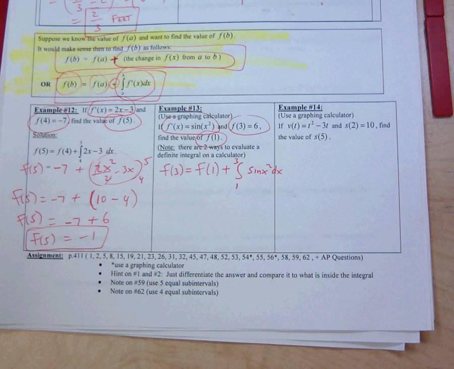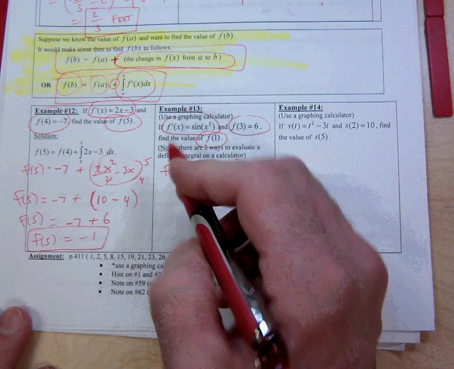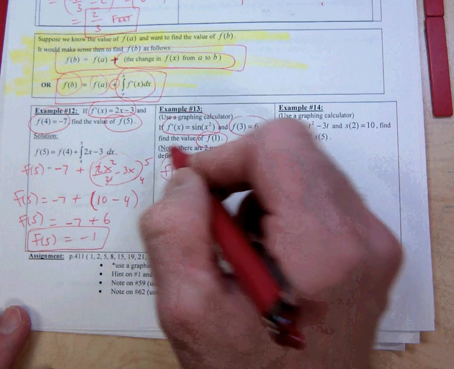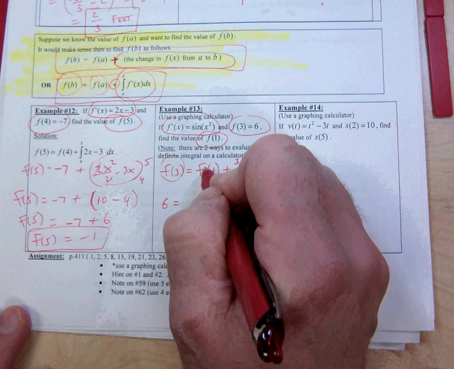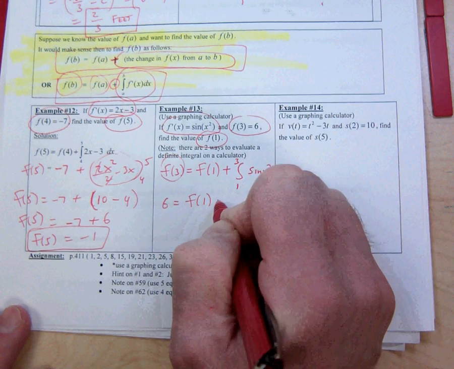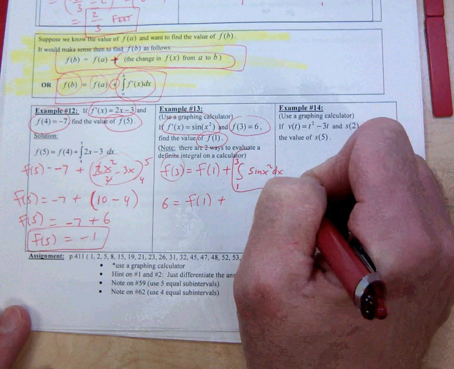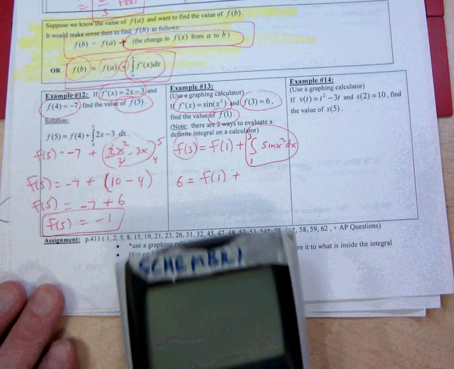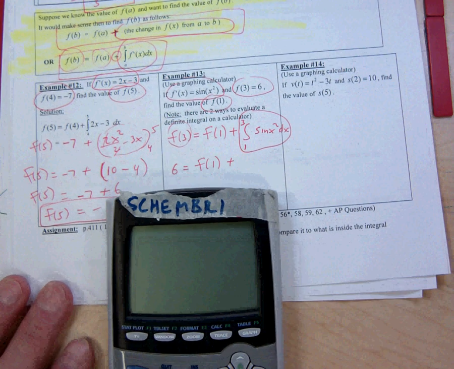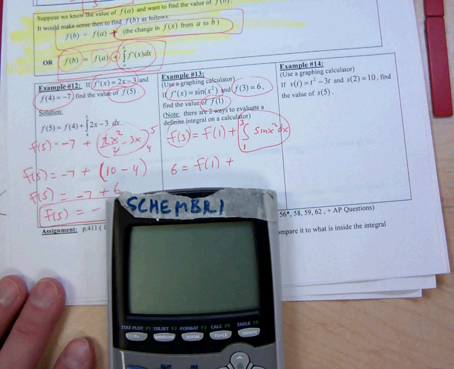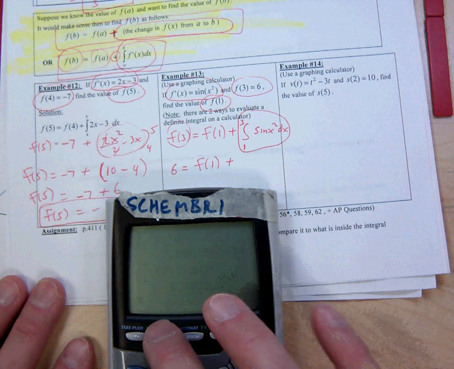Good? Okay. And by the way, f of 3, I know this time. What is f of 3? 6. I'm looking for f of 1, so leave that alone. And then this is something I can find on my calculator, can I, since I'm letting you use a calculator? So, here we go. Do this, guys.